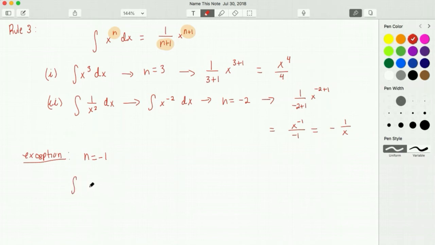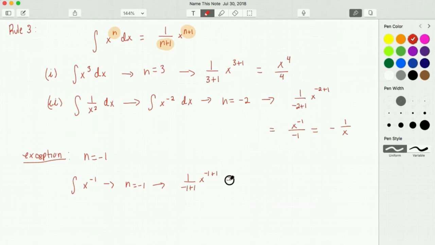So for example, if we have x to the negative 1, by the definition that we have seen, we know that n is equal to negative 1, meaning that the solution is going to be 1 over negative 1 plus 1 times x to the negative 1 plus 1.